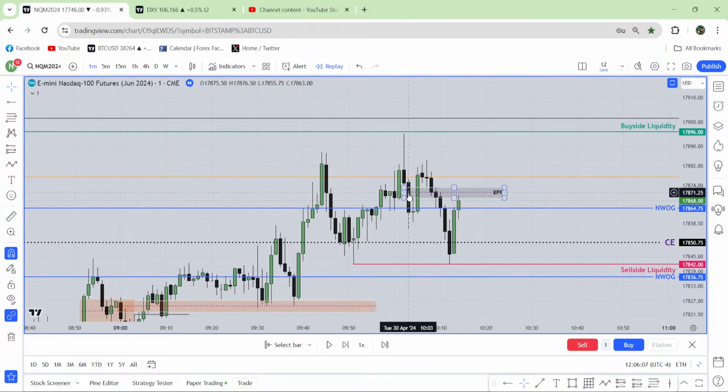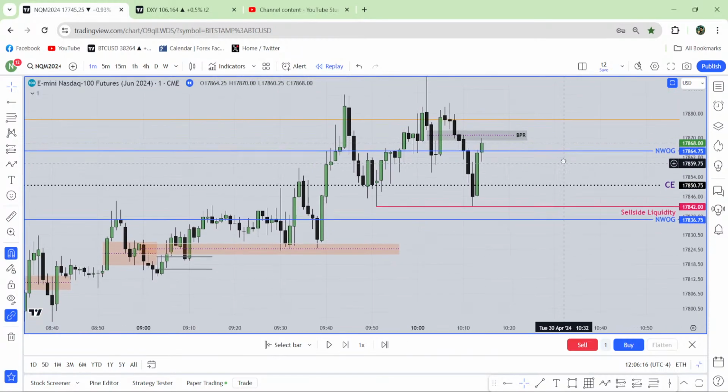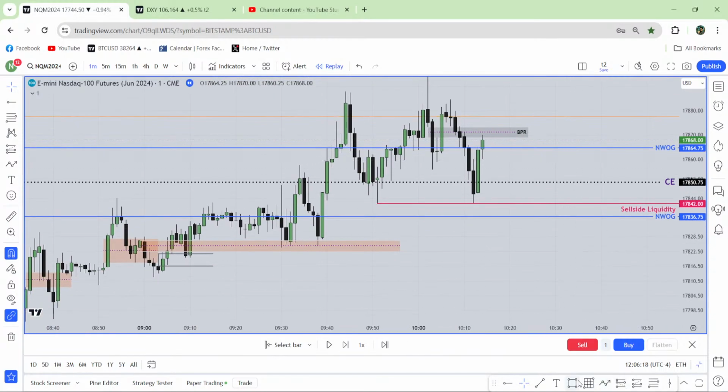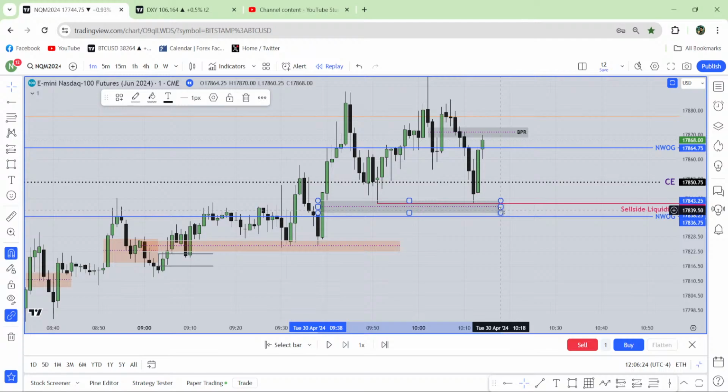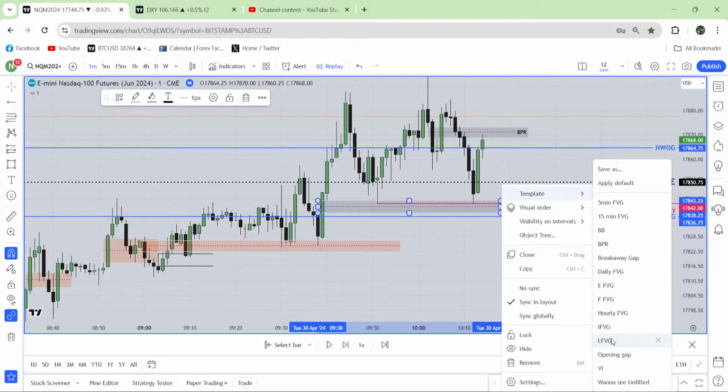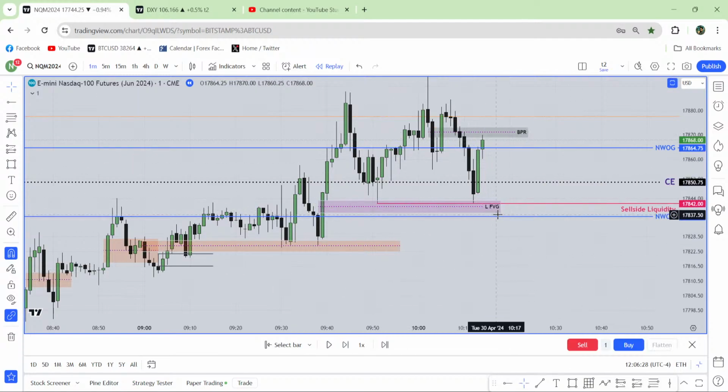I told you to look for the last fair value gap or entry fair value gap. Now over here, this is the price action, very clean price action. Just look around that area, last fair value gap. It tapped to this last fair value gap.